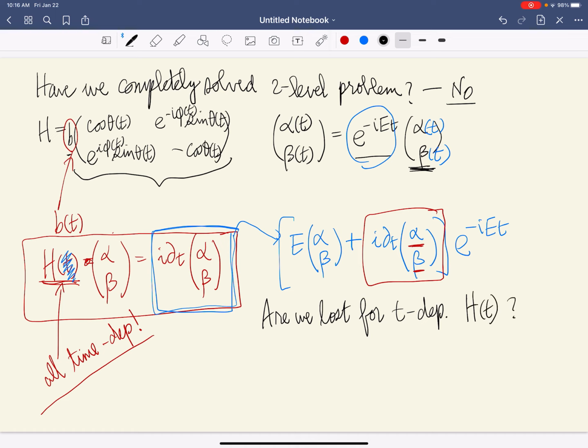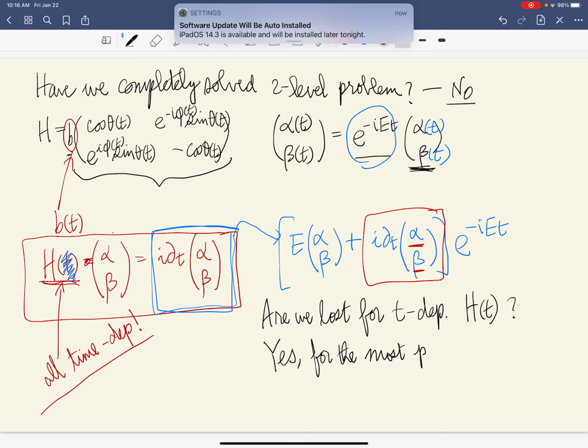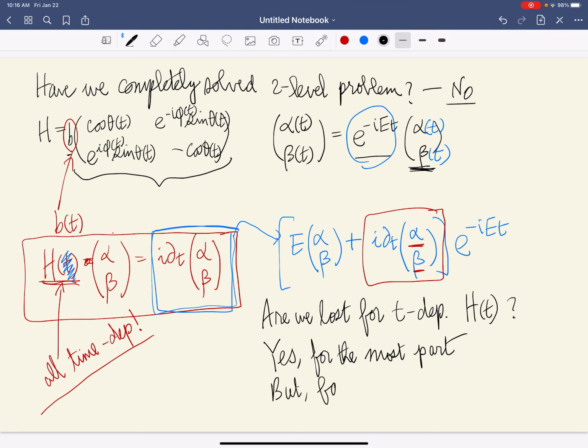Well, yes, for the most part. But there's a famous exception, called the Rabi problem, which allows an exact solution despite being an explicitly time-dependent two-level problem.